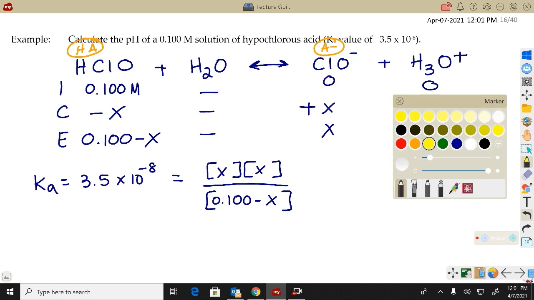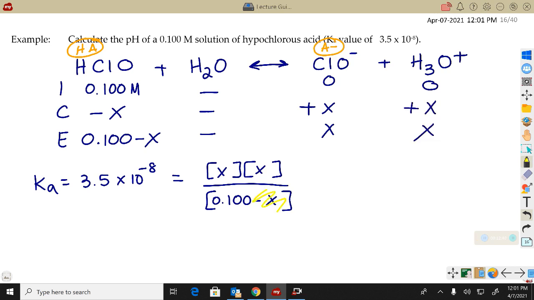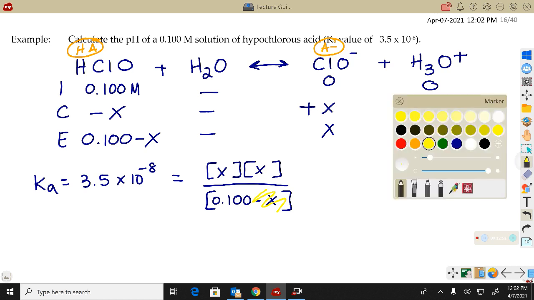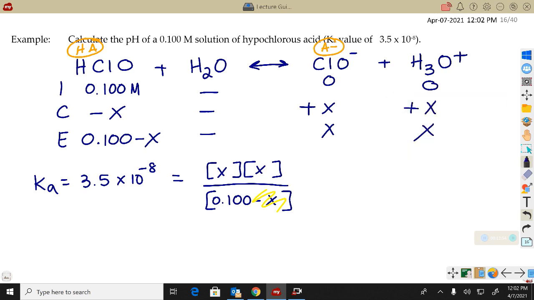And that K value is super tiny. So I'm going to ignore it, and I'll just assume that the concentration of the original acid is really close to its initial. It makes my math so much quicker. I'm going to cross multiply and take the square root.